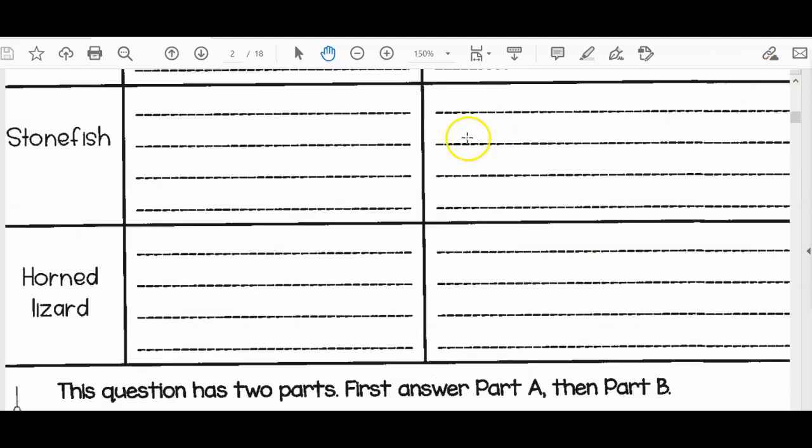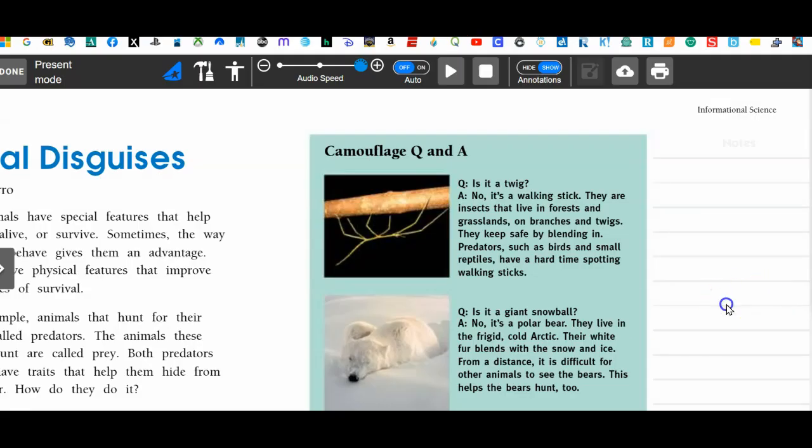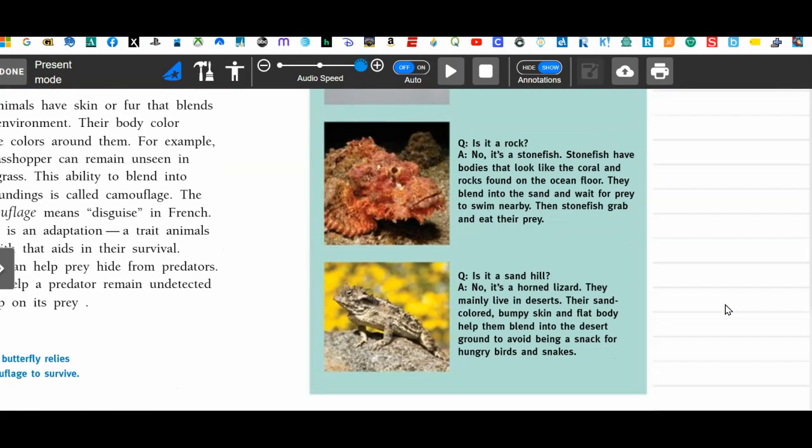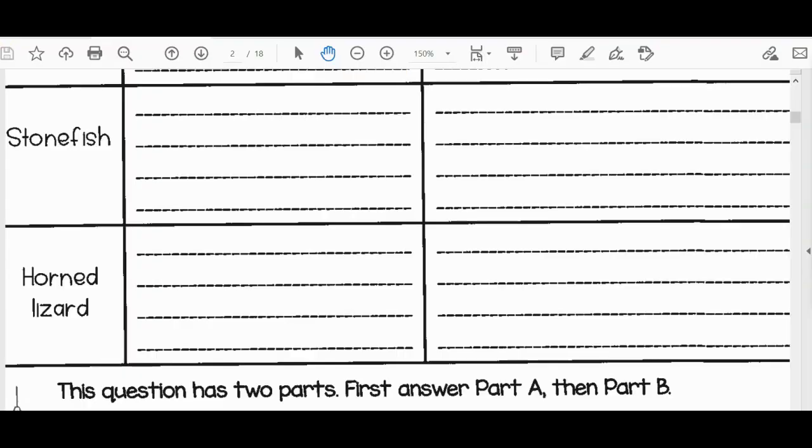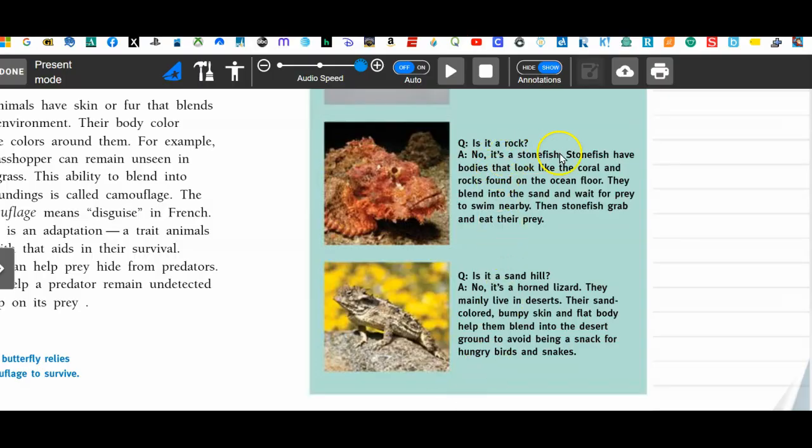All right, let's do the two sections at the bottom. We're talking about a stonefish and a lizard. So let's go here, and we're looking at a stonefish. Let's go back to the question. It says, where do they live? Where does he live? In the ocean floor, right?